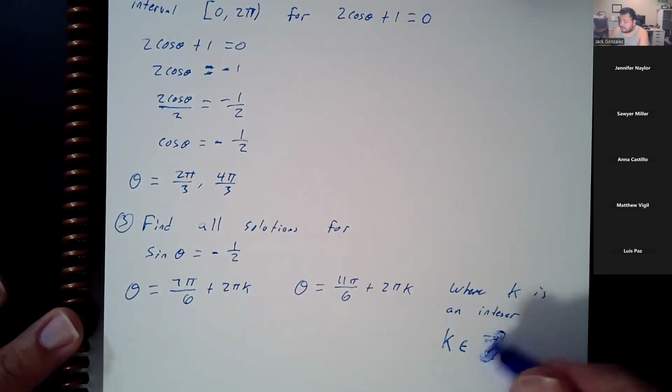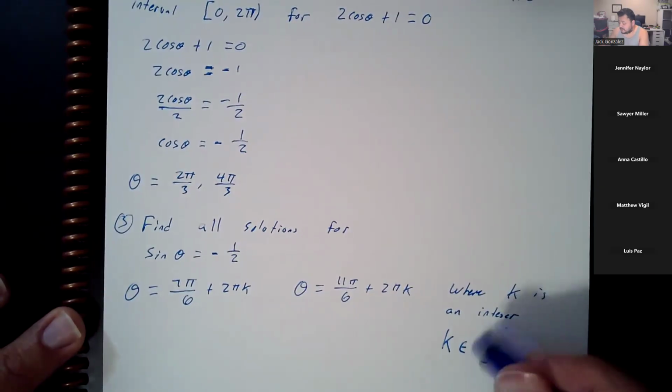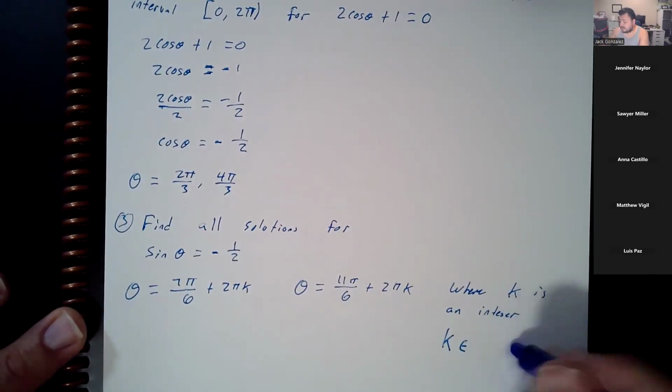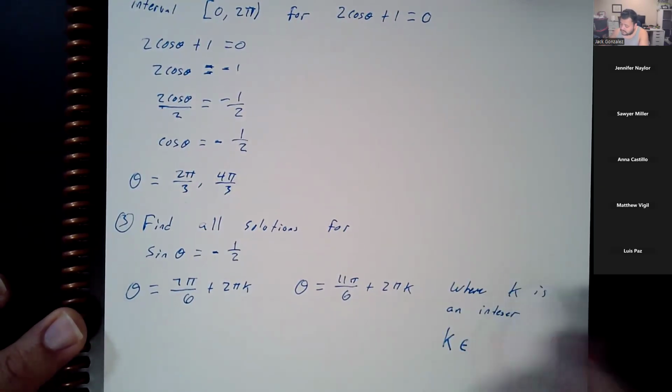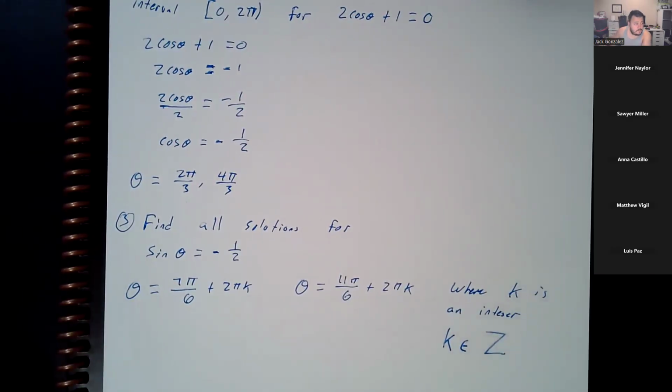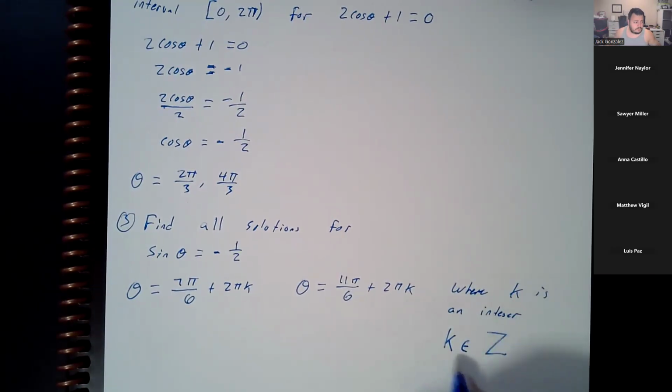What that means is the set of all integers. So it's just the symbol for integers. I put it in English because not everyone has gone over all the math symbols, but K is an element of the integers. In other words, K is an integer. Same thing.